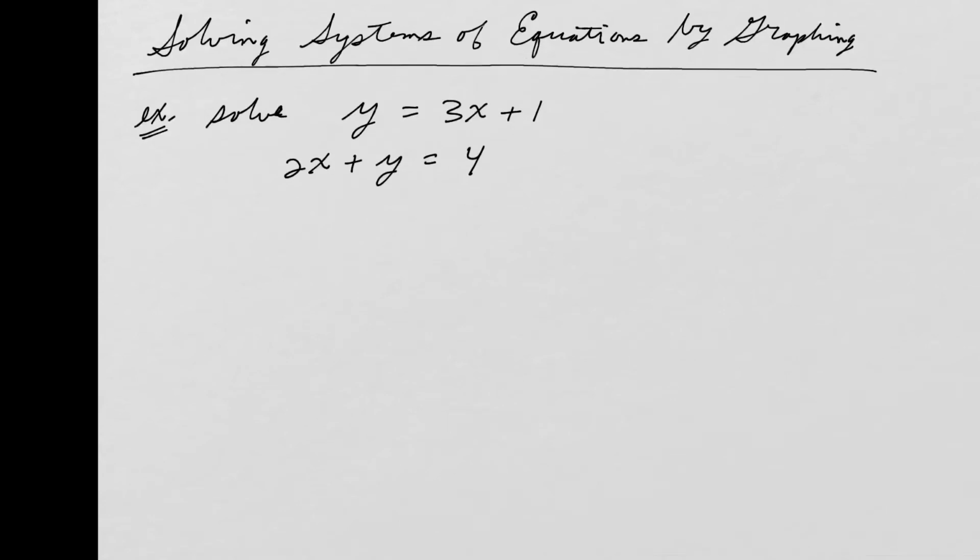So let's say I want to solve this system: y equals 3x plus 1 and 2x plus y is equal to 4. So there are my two linear equations I want to solve by graphing.